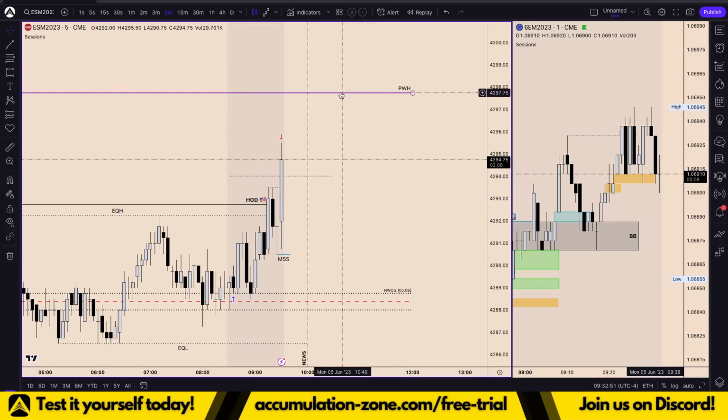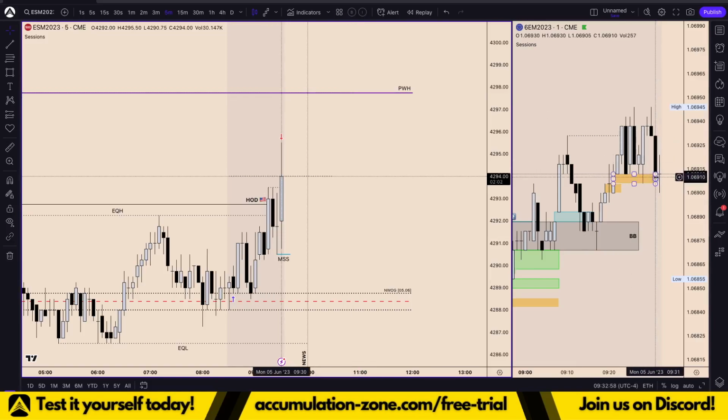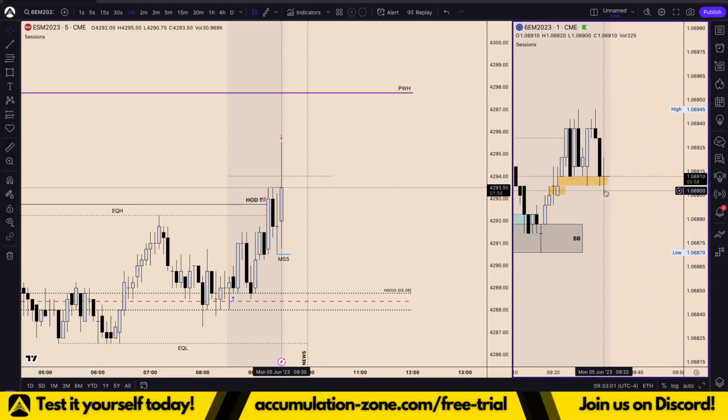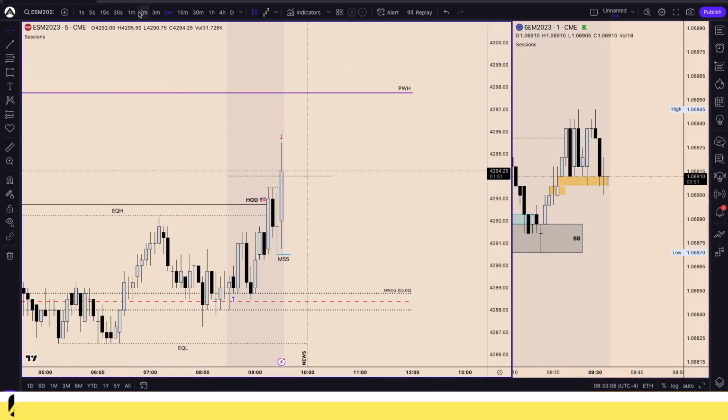So before we take out this level, I really wouldn't look at a short. I think we also won't really get one. You can also see how this volume imbalance is still acting as support. As long as we don't get a close below it, we should see it holding support.